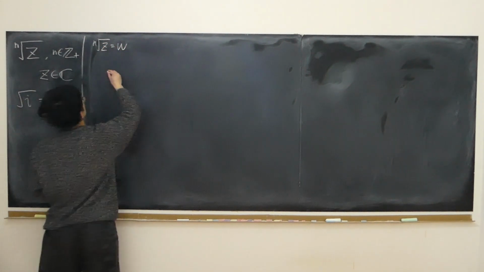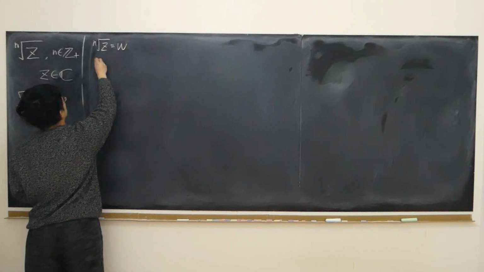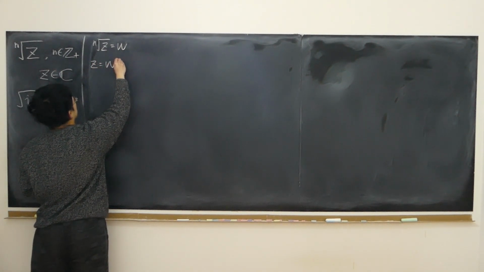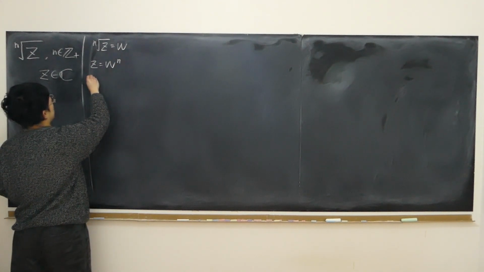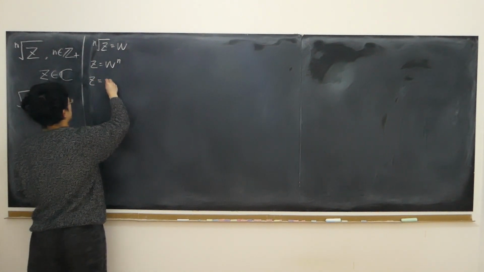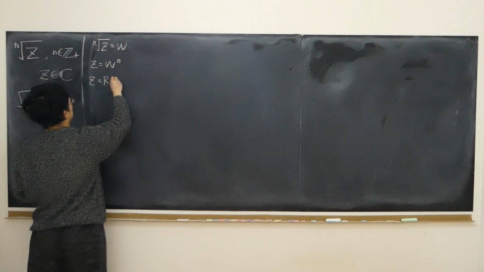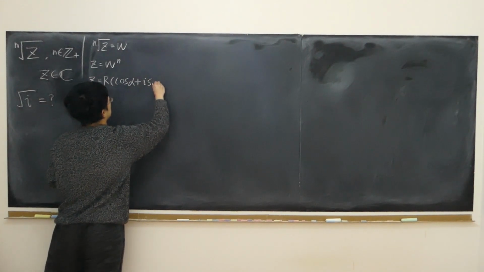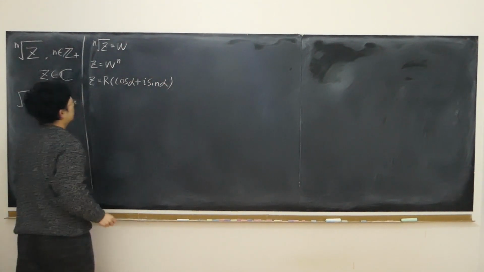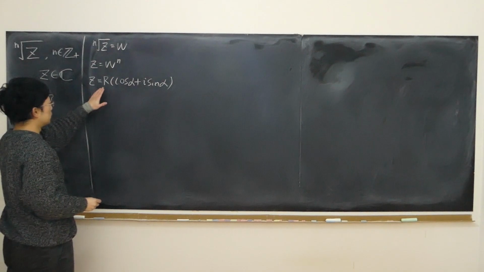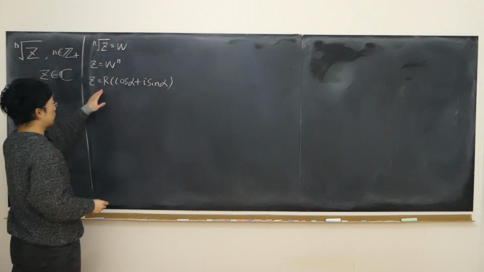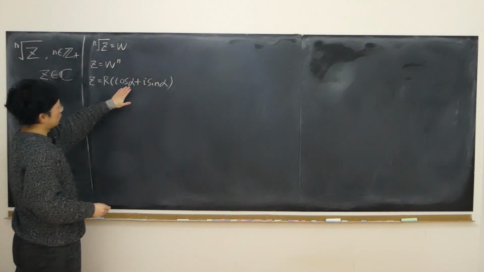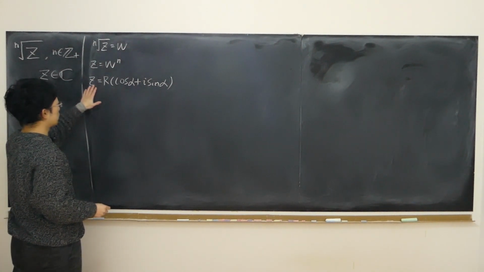W is some complex number, and raising to the power of n on both sides, we have z equal to w to the power of n. If we rewrite z into trigonometric form, capital R times cosine alpha plus i sine alpha, where capital R is the modulus of the complex number, or the length of the vector if you treat this complex number as a vector, and alpha is the angle of the complex number.